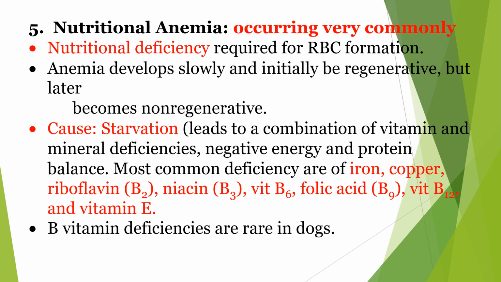When there is starvation, negative energy balance, negative protein balance, the most common deficiencies observed are deficiency of iron, copper, and among the vitamins, riboflavin, vitamin B2, niacin, vitamin B3, vitamin B6, folic acid, vitamin B9, vitamin B12, and vitamin E. Vitamin B deficiency generally occurs rarely in dogs.